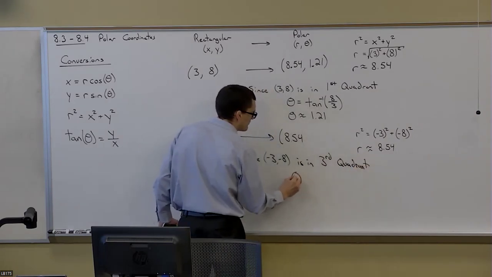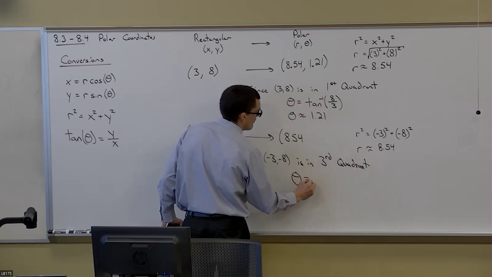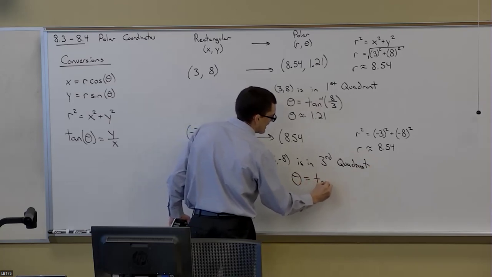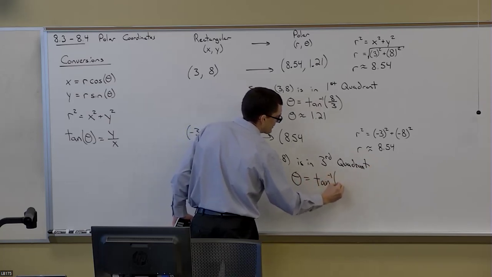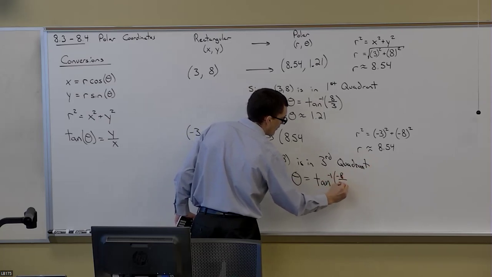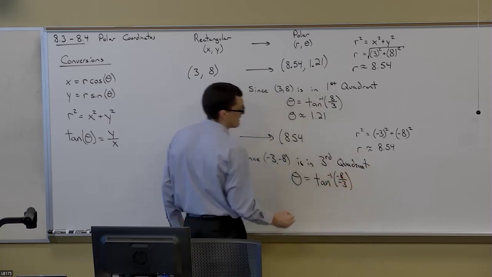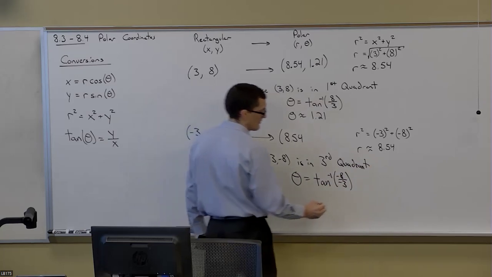So when I go to find my angle, we're going to take inverse tan. In this case, -8 over -3.